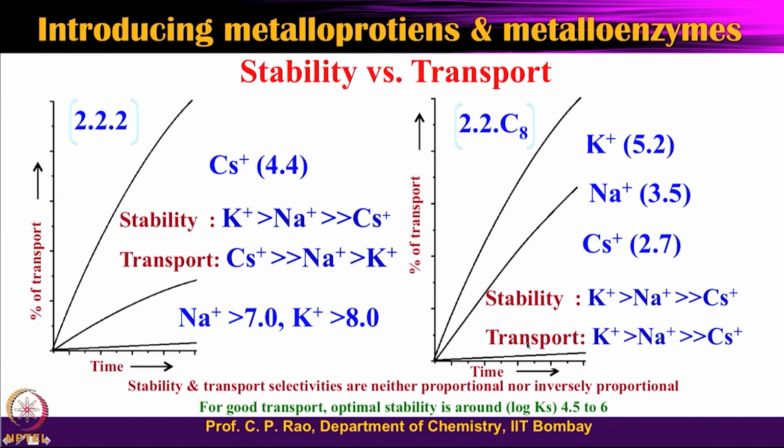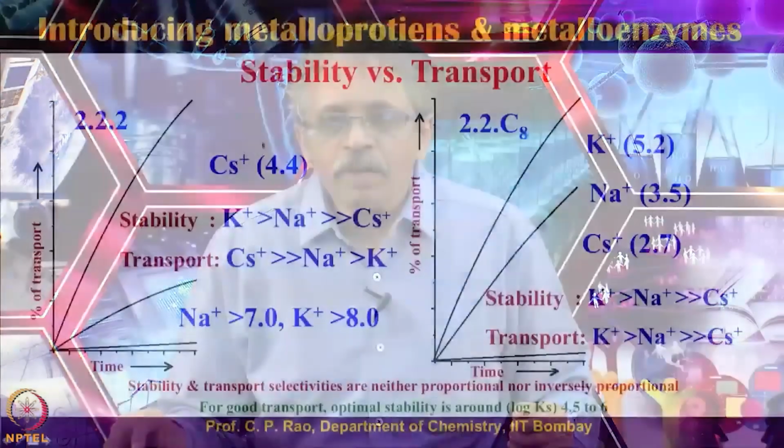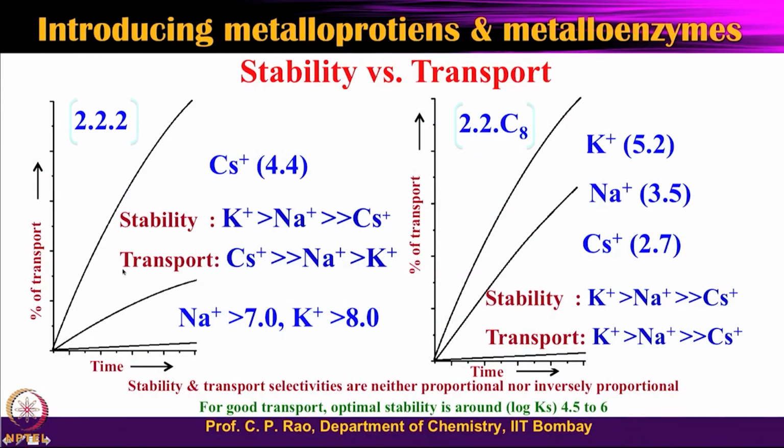So, what will we take? We cannot take either of these, so there is something else which I have brought to your notice. The optimal seems to be around a log K of 4.5 to 6. Whenever you have a log K of 4.5 to 6, you get optimal transport, a maximum transport with optimal stability.